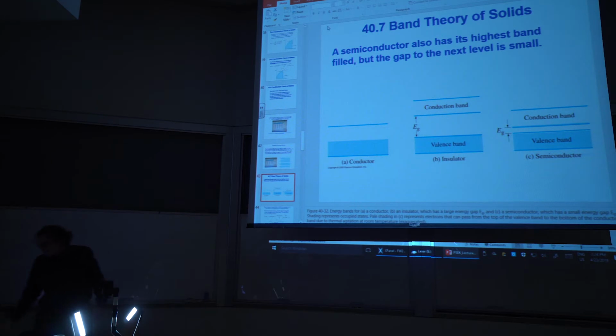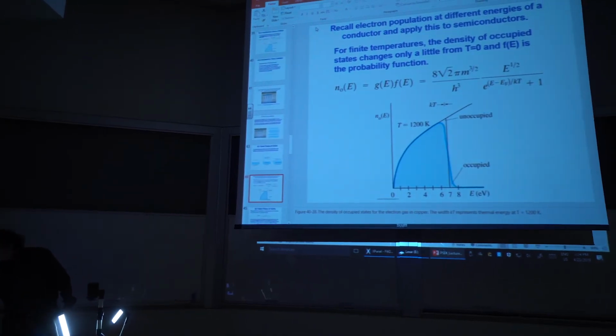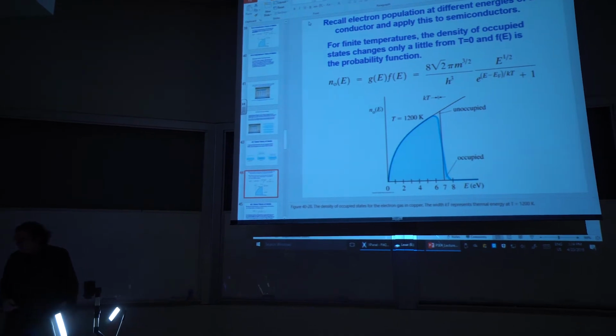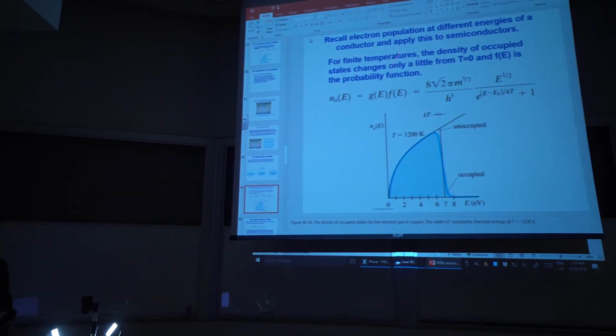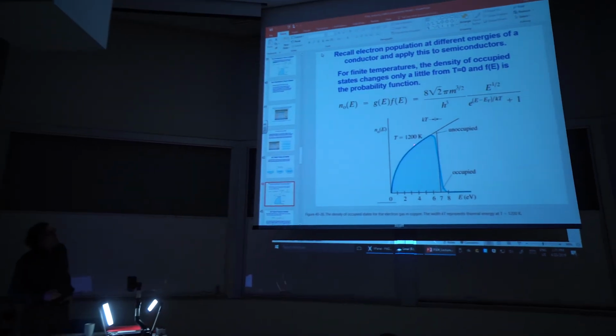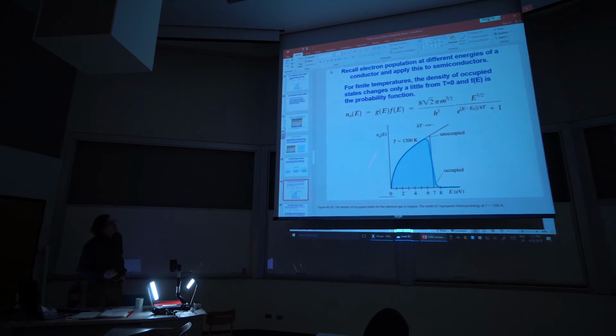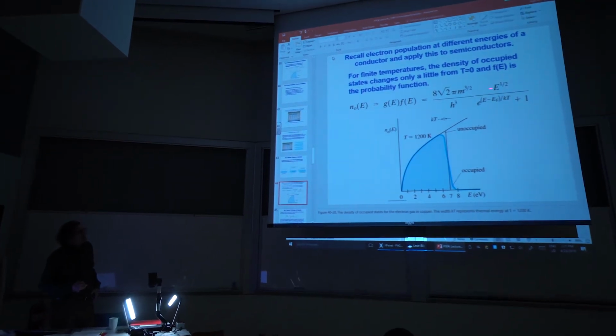Well, let's continue on and see if we can make these things a little clearer. You recall from the last slide that electron population at different energy levels in a conductor was given by this equation, the Fermi-Dirac population probability function times the density of states.